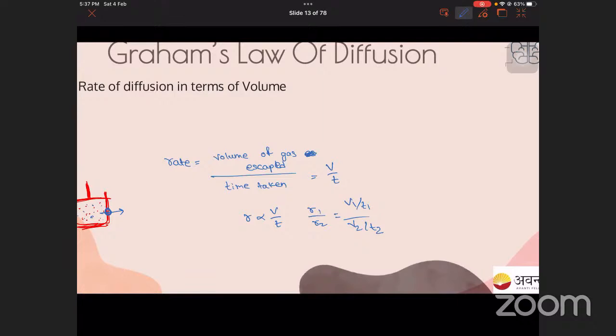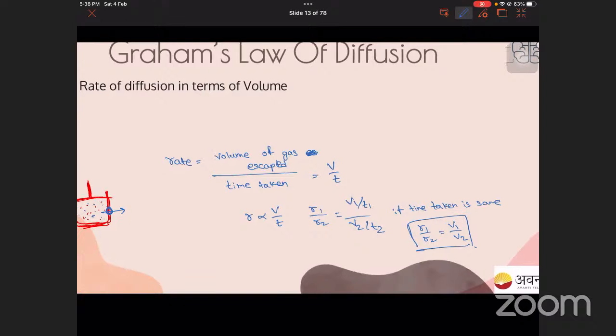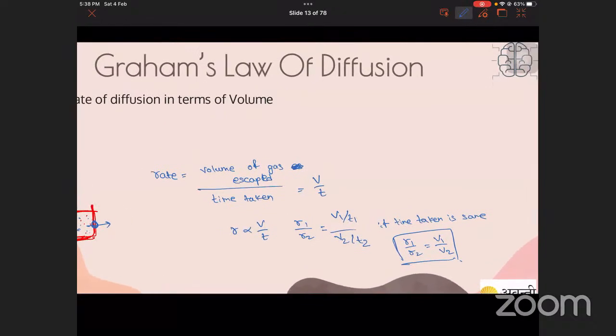So at last we can write, if time taken is same, then R1 by R2 is equal to V1 by V2. Clear, everyone? This is one more relation between rate and volume of gas escaped. Any doubts?